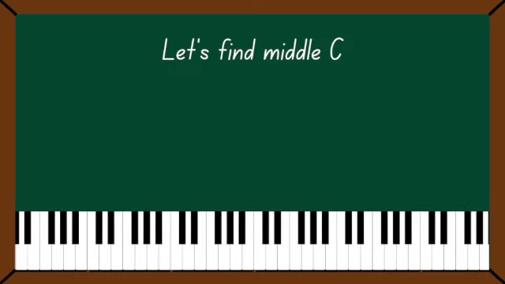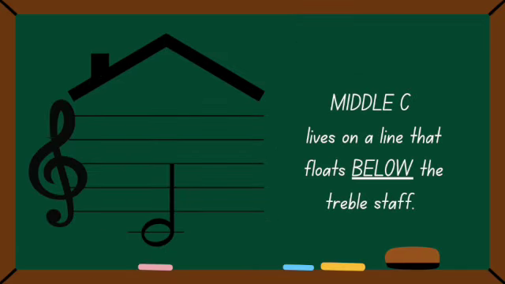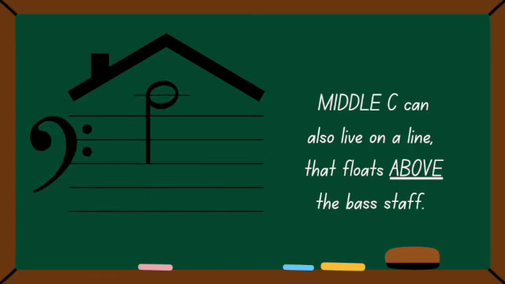Now let's find middle C on the piano. There it is, right in the middle. Middle C lives between the treble and bass staffs. It doesn't have a spot on either of them. Middle C lives on a line that floats below the treble staff, and it can also live on a line that floats above the bass staff.